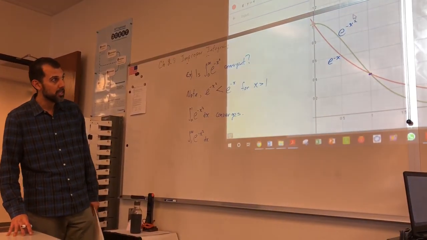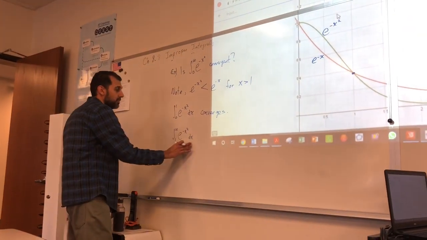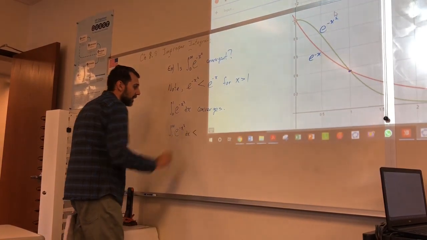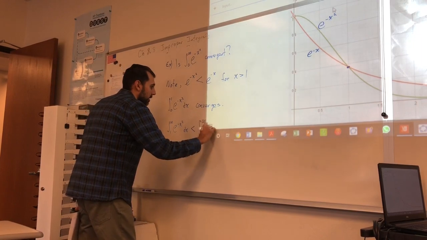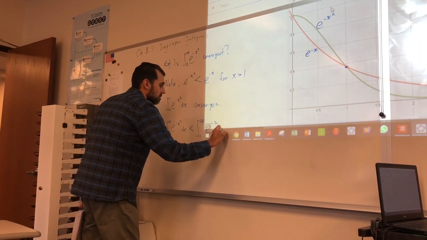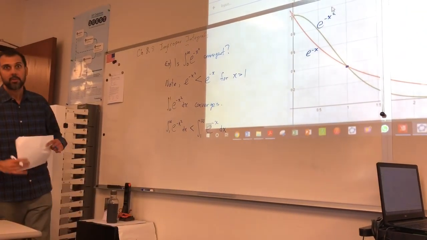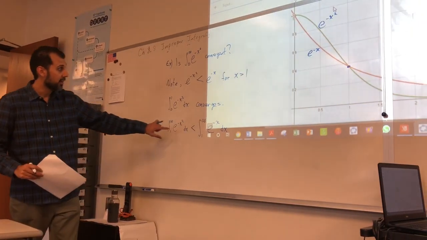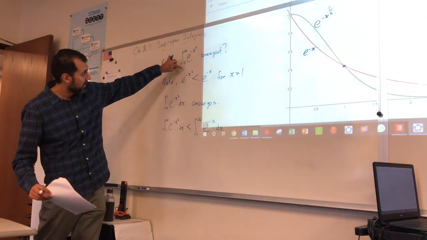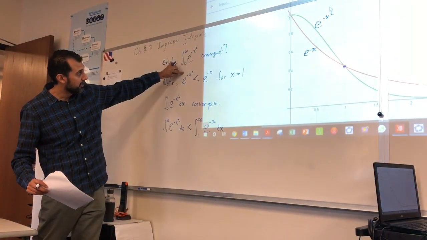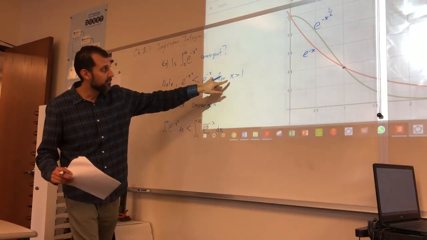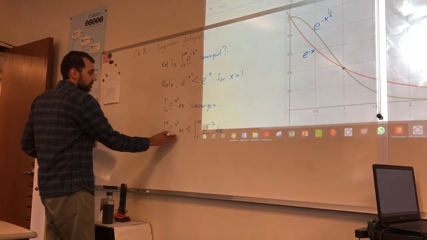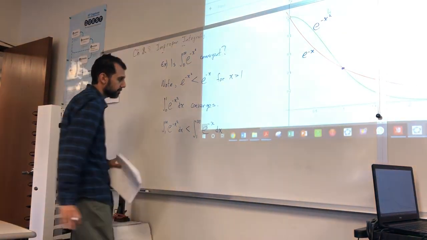Hopefully you'll see that this area is going to be less than this area, e to the negative x dx. Hopefully you agree with that statement. Why? Because of this statement we made over here. That function is less than this one for x greater than 1, so this must be true as well.